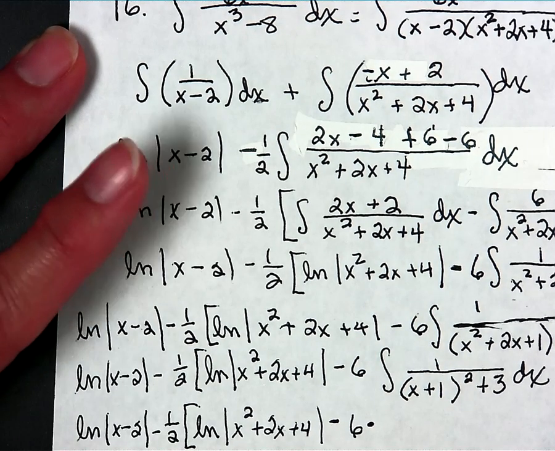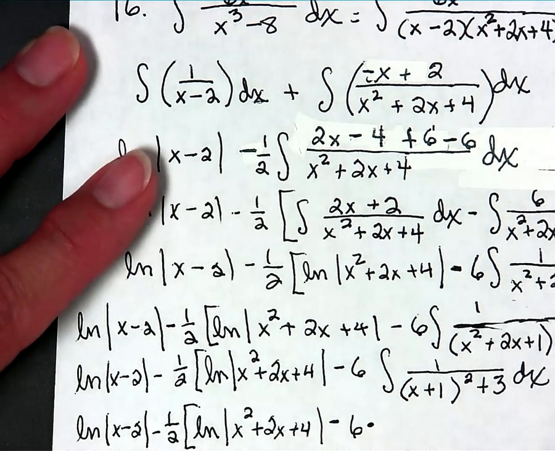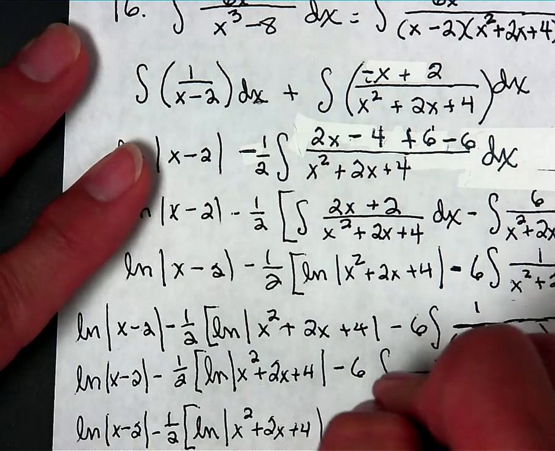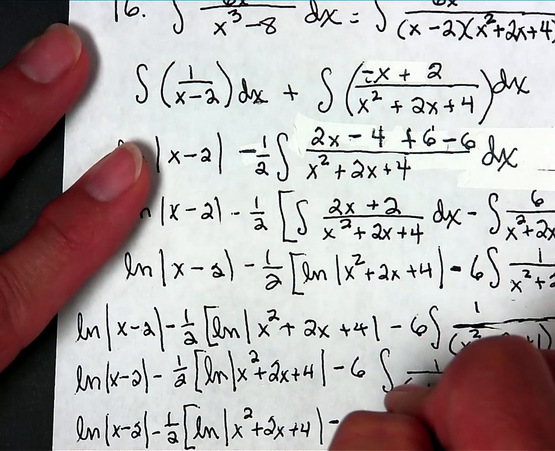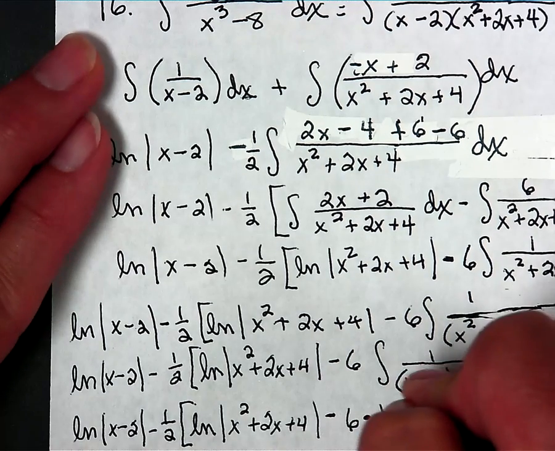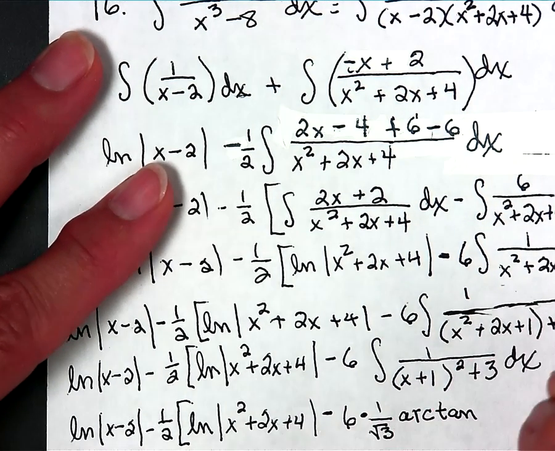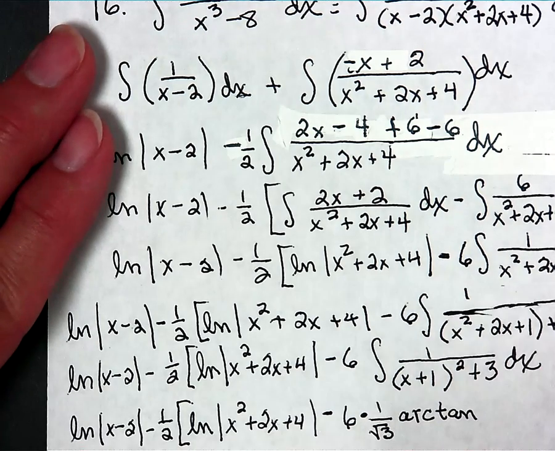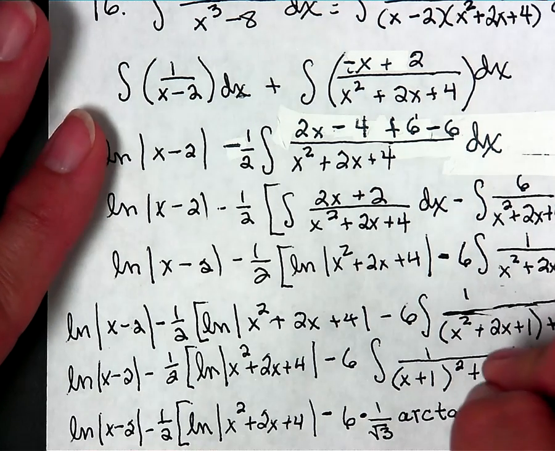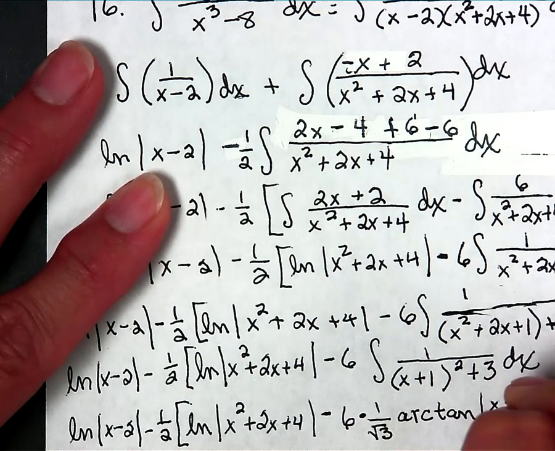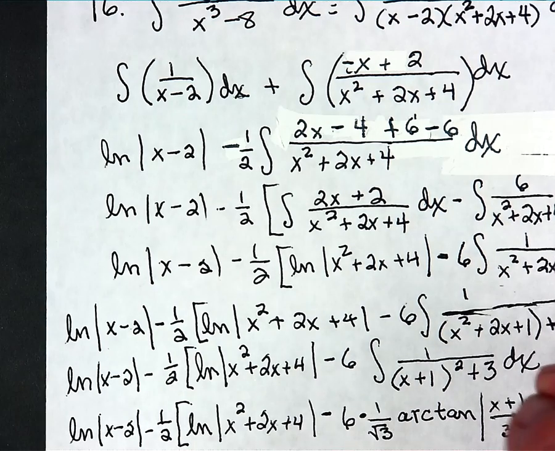Because it's probably just 1 over a. Hey, what's a here? So 1 over square root of 3 times, oh, here's where the u over a is. Arctangent of u over a. Is it absolute value or just parentheses? Just parentheses.